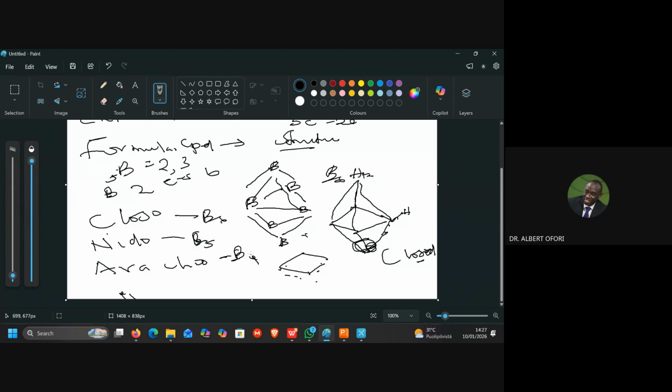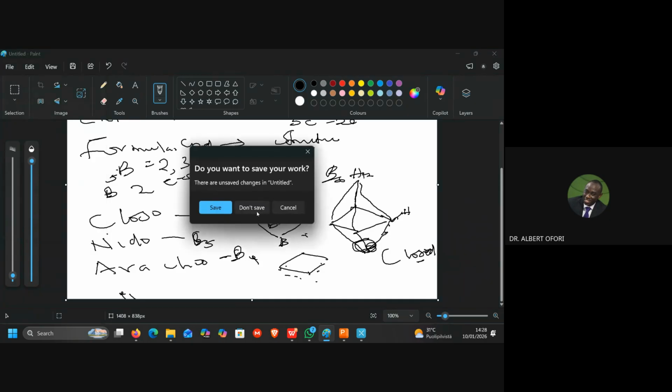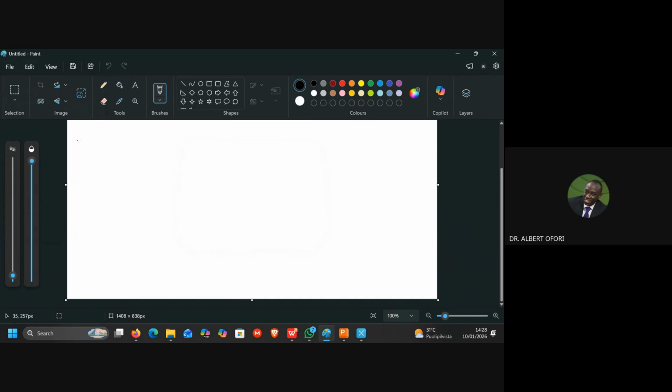Then we have the hypho and those kinds of forms. So these are the various forms. Let me list them, and then I'll give the formula for that. So I have the closo, I have the nido, that's a B5, I have the arachno, I have the hypho, then I have the conjuncto, and then the super closo, and then hyper.